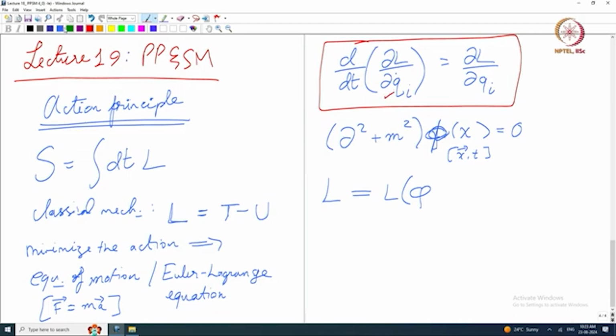So similarly I can write my Lagrangian as a function of derivatives, however these are 4 derivatives, right. We are in relativistic theory again, so we should think in terms of 4 derivatives. We should put space and time on the same footing, right. So derivatives of fields in some combination and so on, okay.